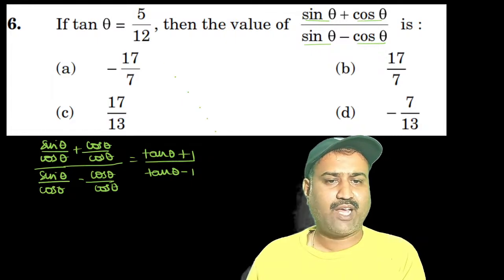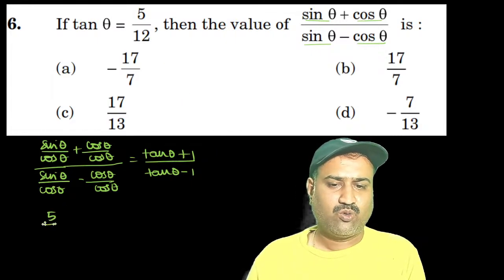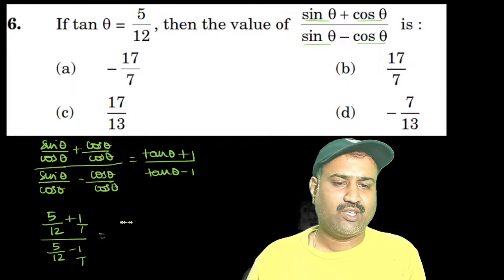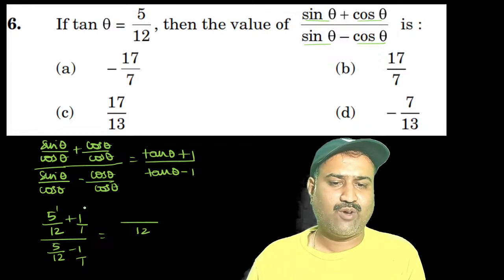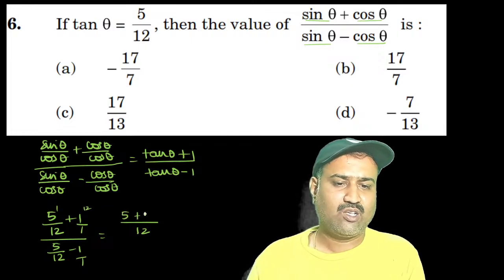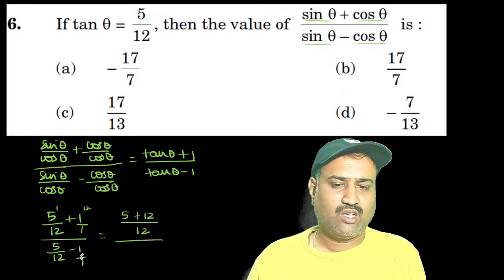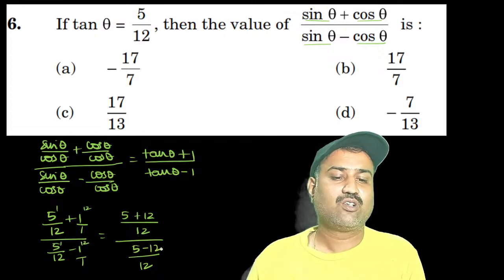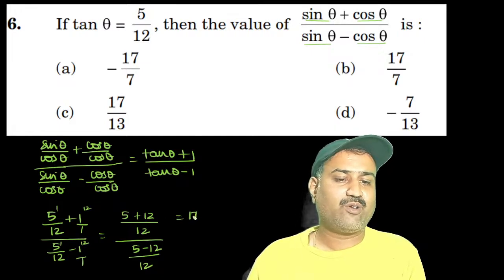Therefore, now I know tan theta is equal to 5 by 12. So 5 by 12 plus 1 whole divided by 5 by 12 minus 1. I will write this 1 as 1 by 1, so the LCM will be easier. The LCM is 12. 12 ones are 12, so it is 5 plus 12, whole divided by, again LCM is 12, 5 minus 12. 5 plus 12 is 17 by 12 and 5 minus 12 is minus 7 by 12, right? 12 is cancelled out.